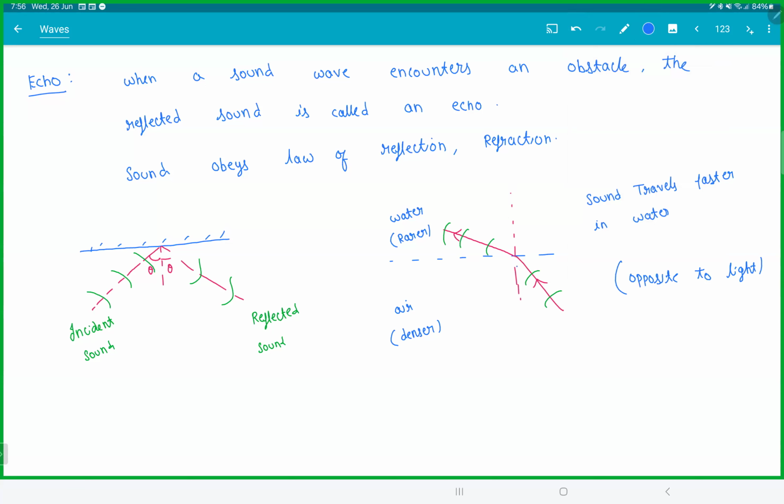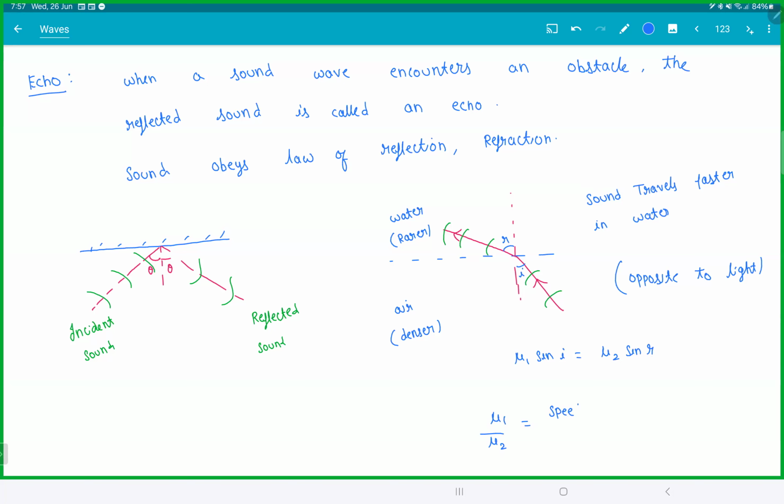So Snell's law is valid here. If you take this as I and this as R, mu1 sin I is mu2 sin R, where mu1 by mu2, if you remember, is the ratio of the speeds.